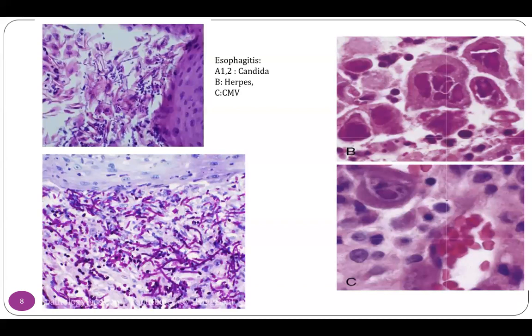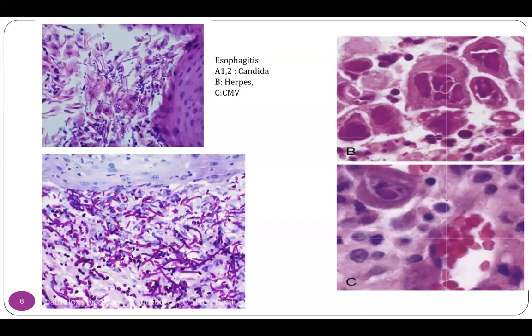It's so important that the inclusion can be seen in both. Megalo means the cells look large: the cells look large, the nuclei look large, the inclusion looks large, like a macronucleoli.